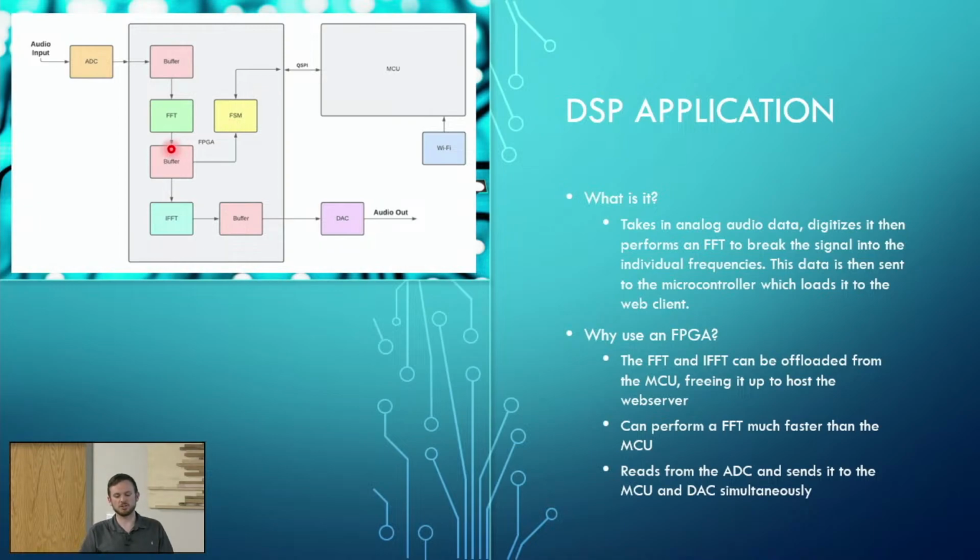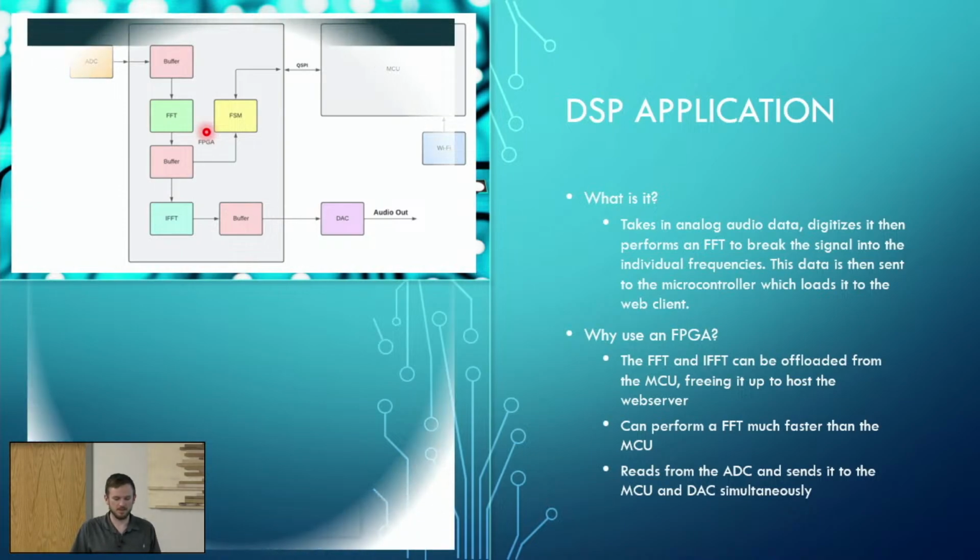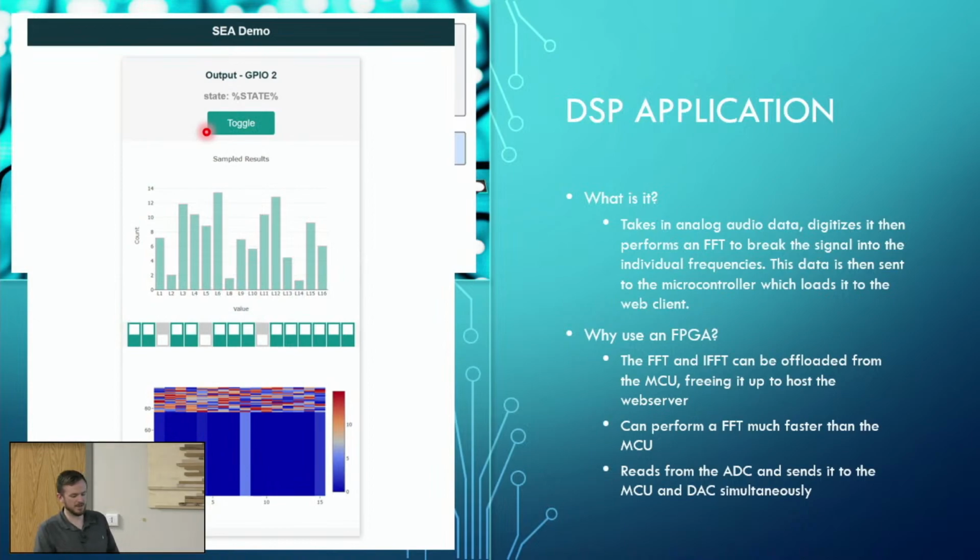It sets a bunch of control registers, and then it will output the audio again without those frequencies. So you can filter out the bass or treble. That's how software can tie to it, and the hardware does all the hard computations while the software just reads it and displays it. My web page isn't that good, this is in the early stages, but it would look something like this, where you have the switches where you can control the frequency bins, and it displays the amplitude of each frequency.